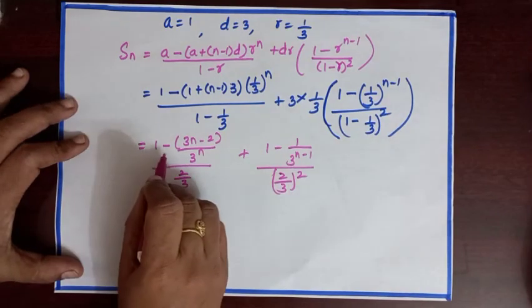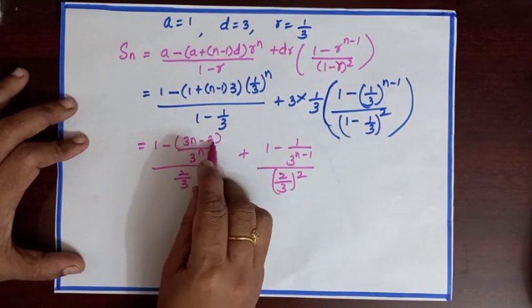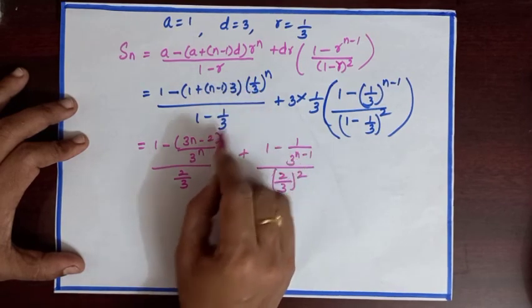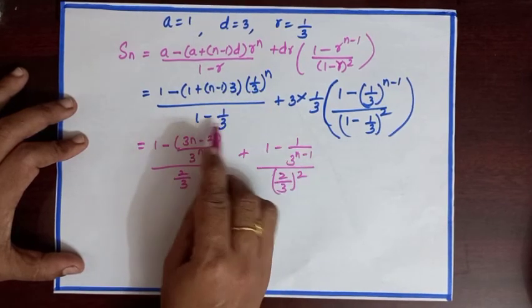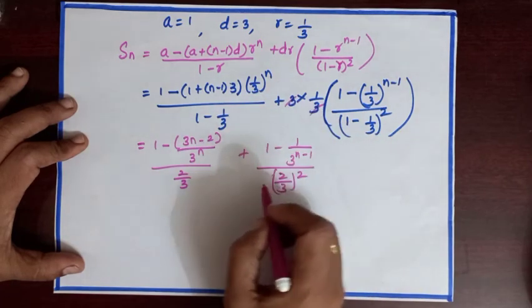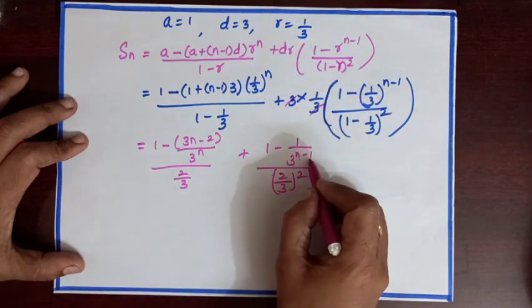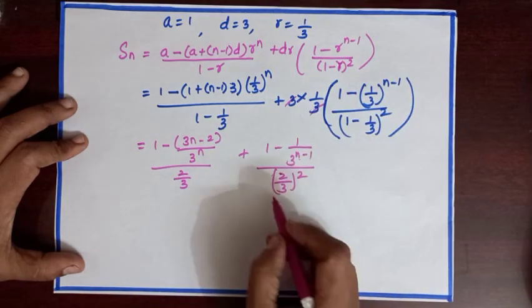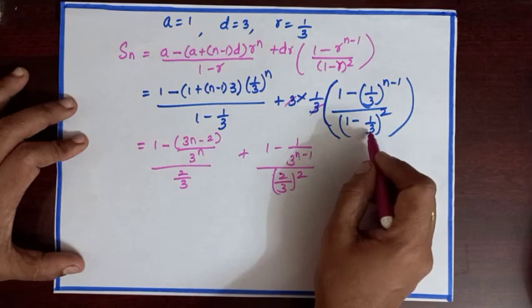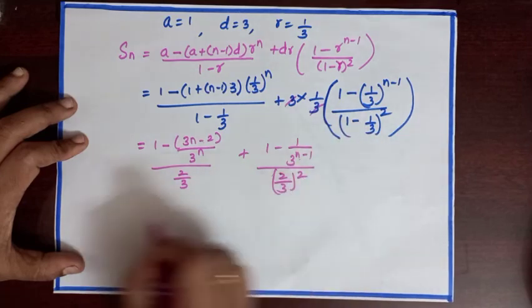This is equal to 1 minus (1 plus (n minus 1) into 3), which is 3n minus 2. 1 power n is 1 by 3 power n. 1 minus 1 by 3 is 2 by 3, plus 3 and 3 will be cancelled. Then we get 1 minus 1 by 3 power n minus 1, and 1 power n minus 1 is 1 by 1 minus 1 by 3. After taking LCM, we will get 2 by 3 the whole square.